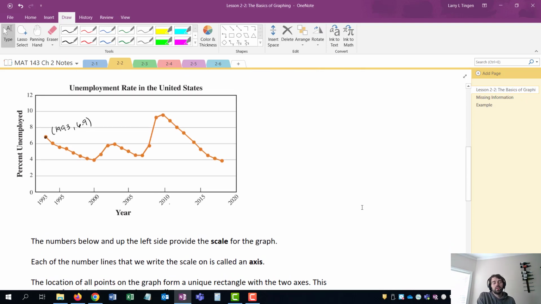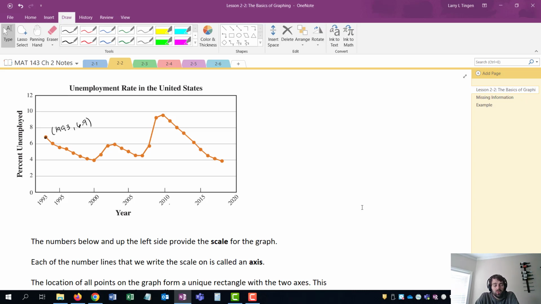On both axes, we see the numerical data, so it tells us what the values are, and then it has a title telling us what it's representing. So the x-axis is years, the y-axis is the unemployment rate in percent, and this helps us out with scale.